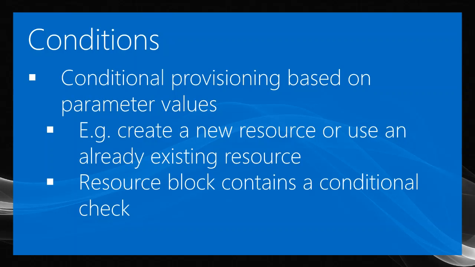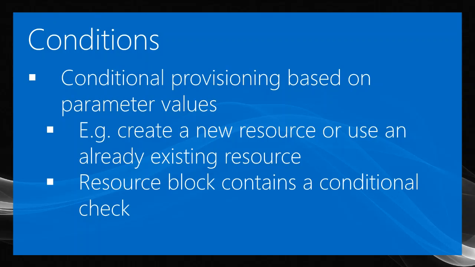In case you don't want to provision specific resources that are defined in your ARM template all the time, you can use conditions. So saying, for instance, well, if this and this is true, then please deploy that resource. But if this is false, then do not deploy the resource.